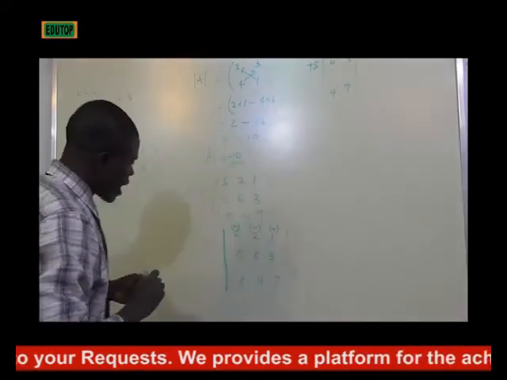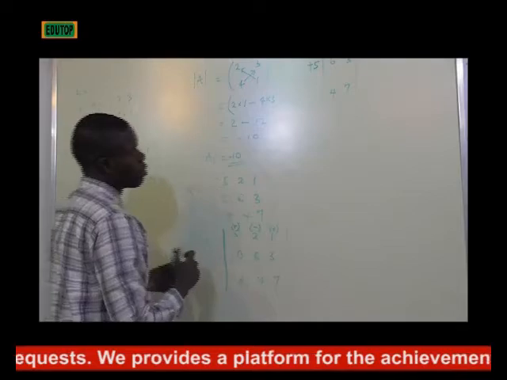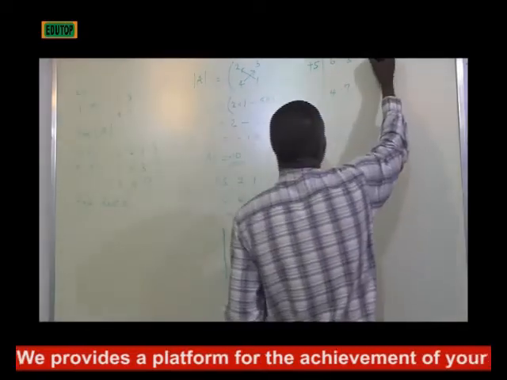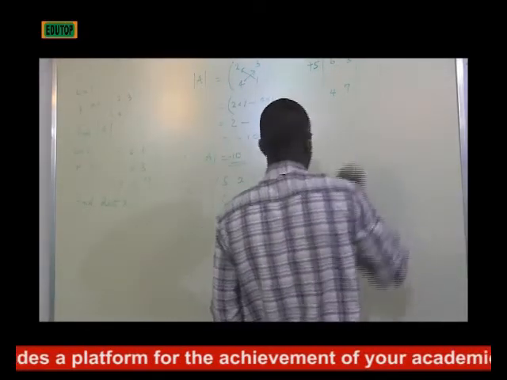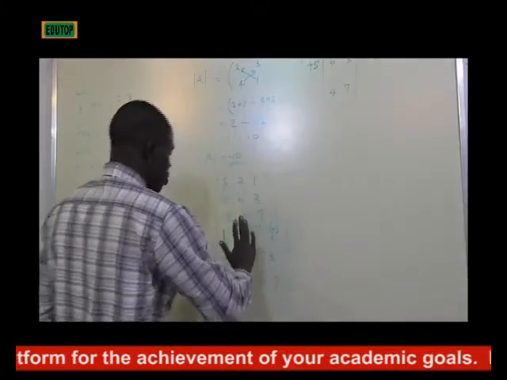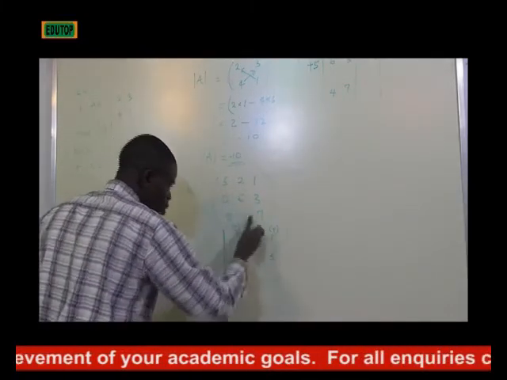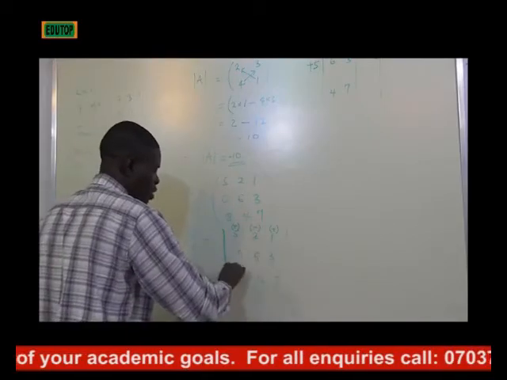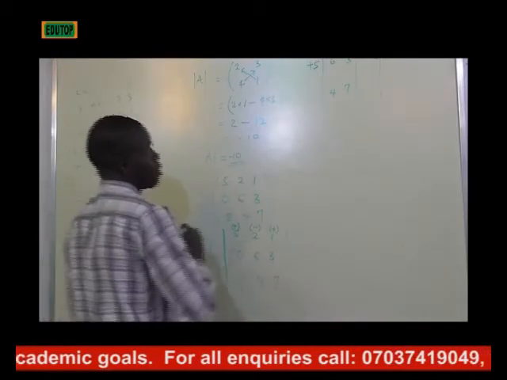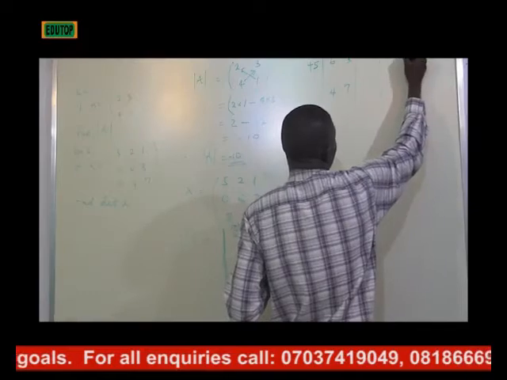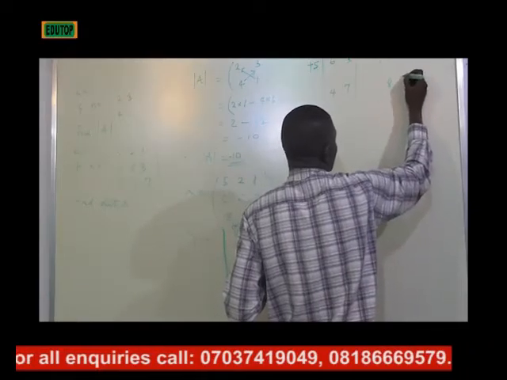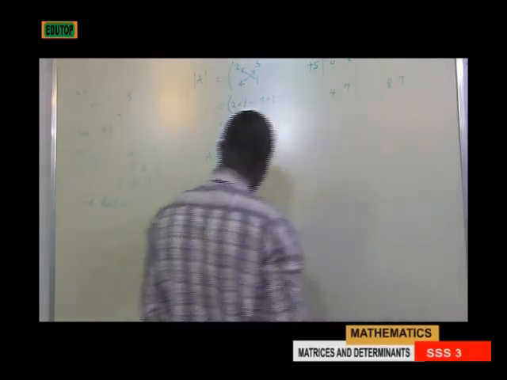For the second case we pick minus 2. When we pick the minus 2, we close the middle and we close this. We close this and we close the middle. So we have a 2 by 2 matrix 0, 3, 8, 7. That is what we are going to have.